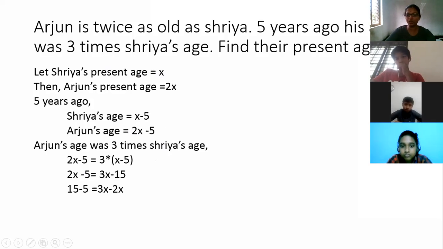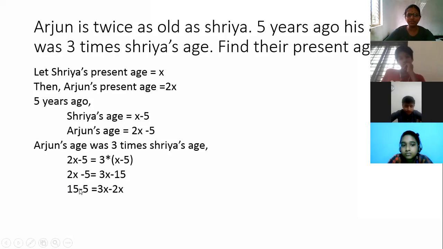I am just moving 2x to the RHS and minus 15 to LHS. Then 2x becomes minus 2x and minus 15 becomes plus 15. Is it clear? We are just rearranging using our reciprocal laws.